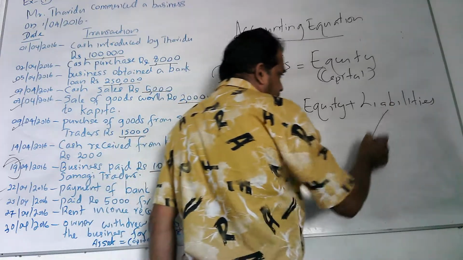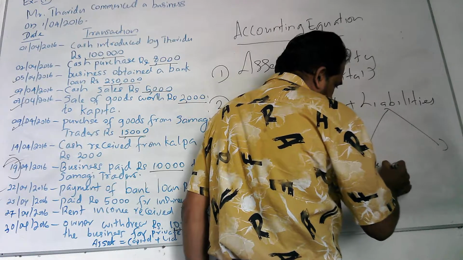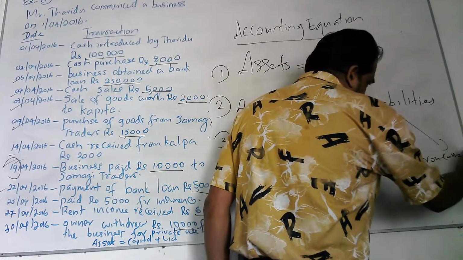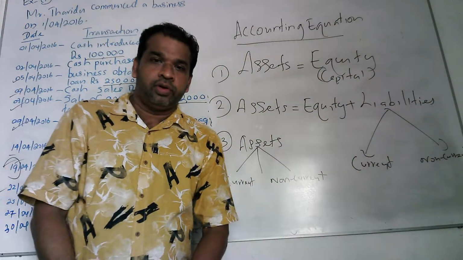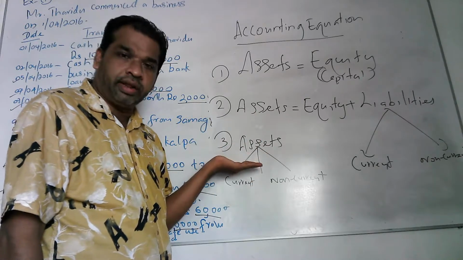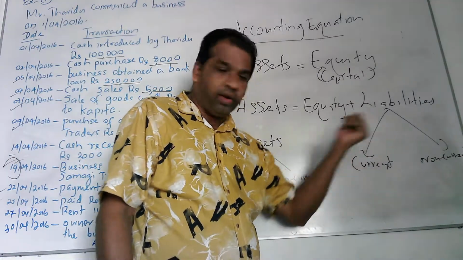If you take liabilities also, current and non-current. The examiner will give you an equation like that. Under assets, he will classify current and non-current. Liabilities also he will classify current and non-current.